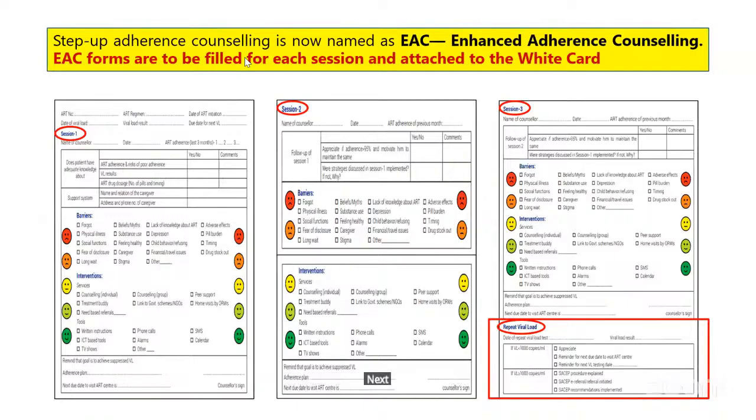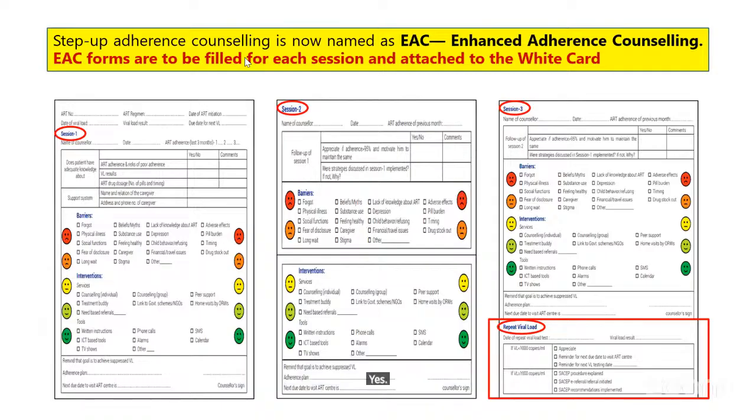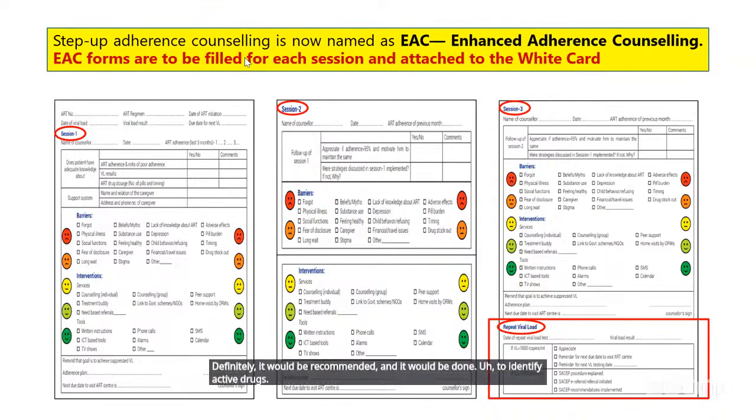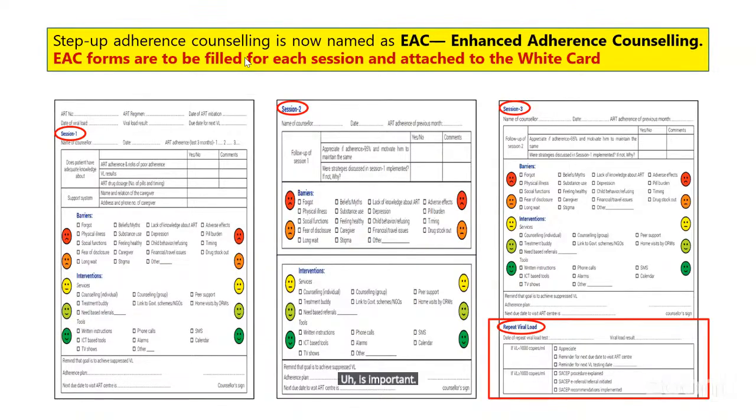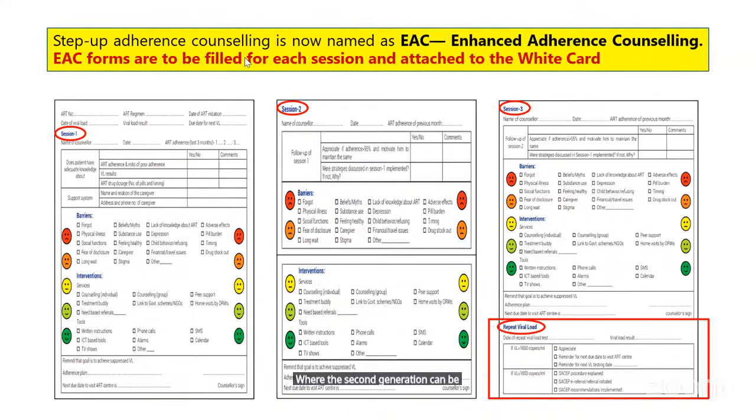Next question. How about doing a drug sensitivity test before starting third line ART? Yes. Had this facility been available in the program, it would definitely be recommended and done. Identifying active drugs is important, particularly amongst the NRTIs and certain classes of drugs where the second generation can be used.